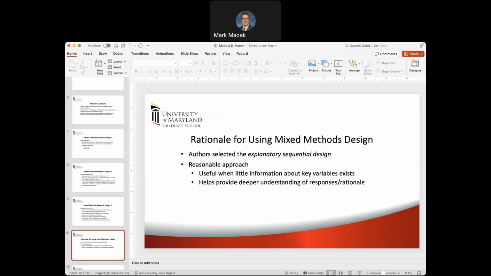The authors used the explanatory sequential mixed method design for this project. According to Creswell and Plano-Clark, this design is useful when little information about key variables exists, and when the researchers wish to gain a deeper understanding of responses that occur during the quantitative survey stage. Given these factors, I believe the choice of this design was appropriate.